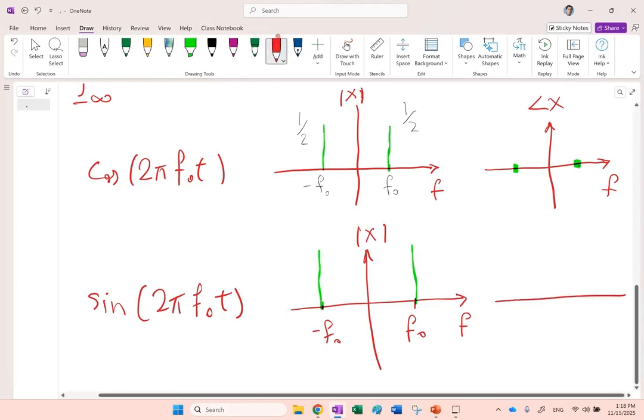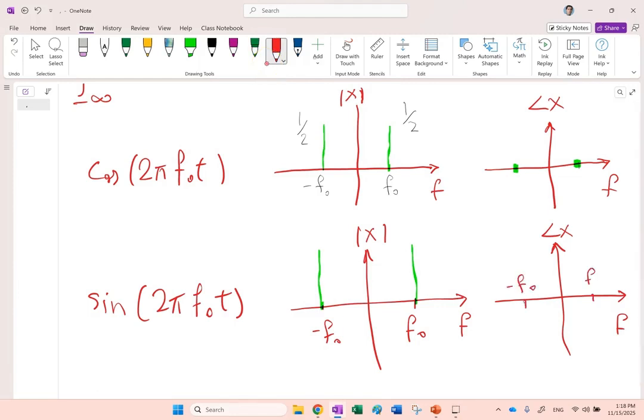But if you look at the phase, this time the phase is not 0. What are the phases? At positive f naught, the phase is negative pi over 2, and at this point it is positive pi over 2.